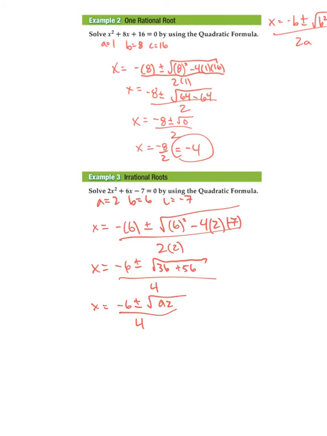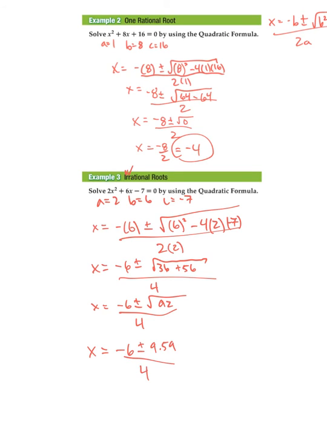Unlike the last couple of examples where we had a perfect square inside our square root, this is not. This is why it's called irrational roots. If you use a calculator for the square root of 92, you're going to get, to 2 decimals, 9.59. So x equals negative 6 plus or minus 9.59, all over 4.